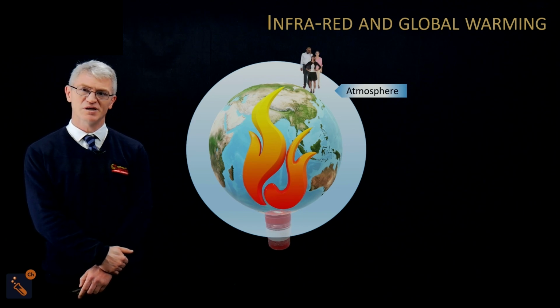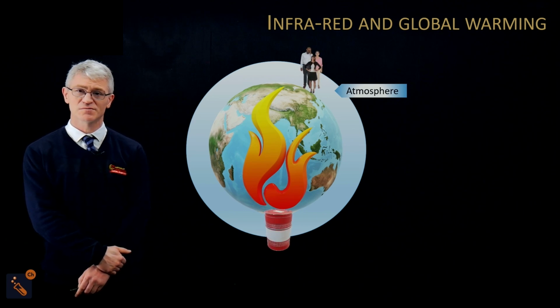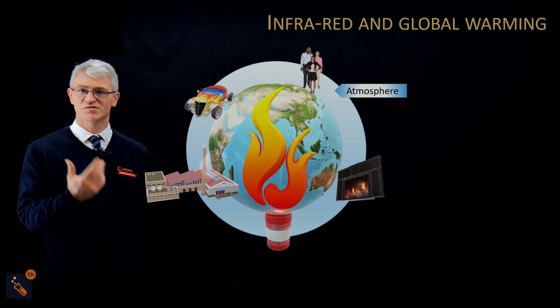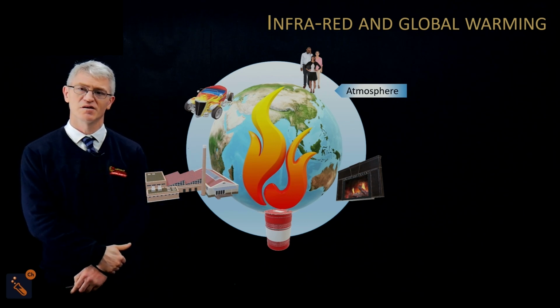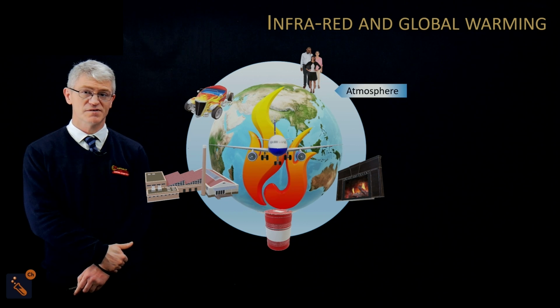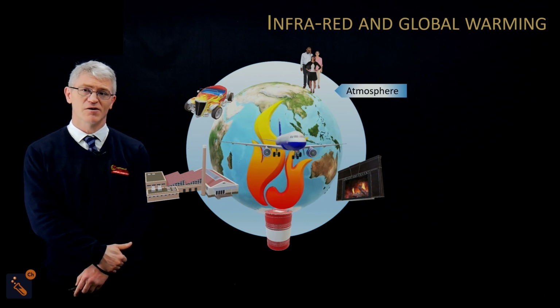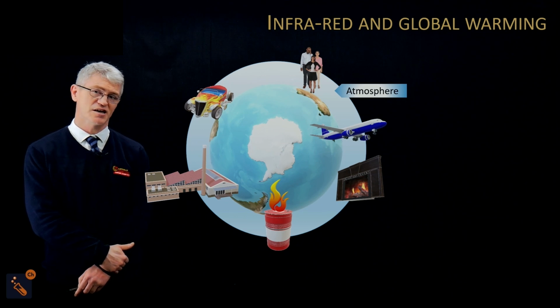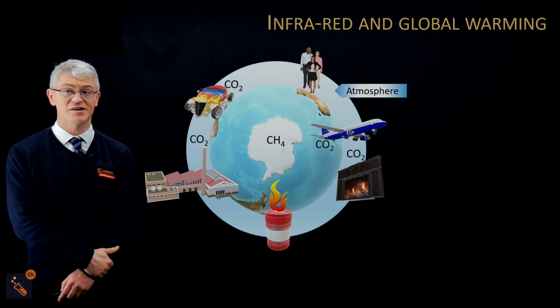Now the processes that we have include burning fossil fuels, and we use them in our factories, in our cars, and to heat our homes. We also use them to fly. Now, there are other problems. So we think of CO2 as a greenhouse gas, but CH4 is also a greenhouse gas.